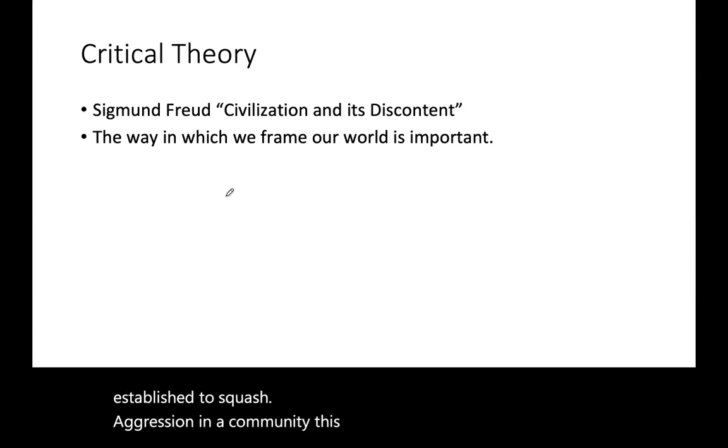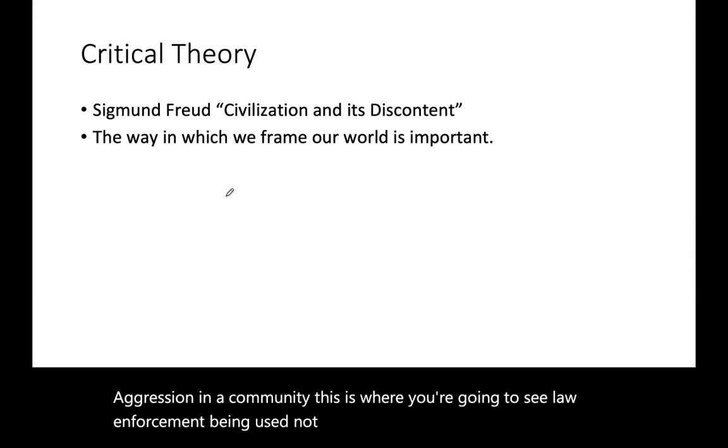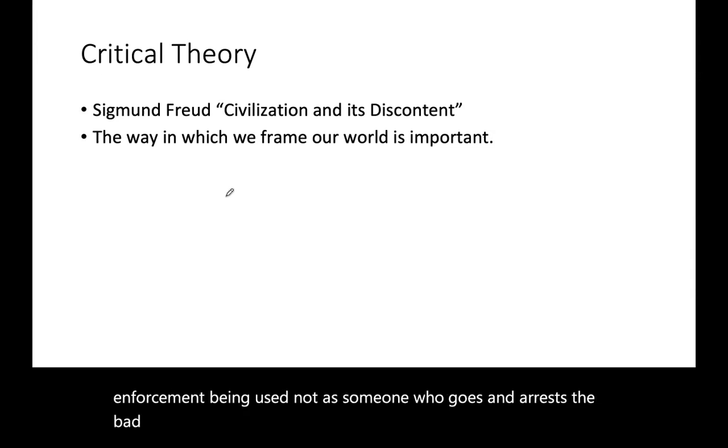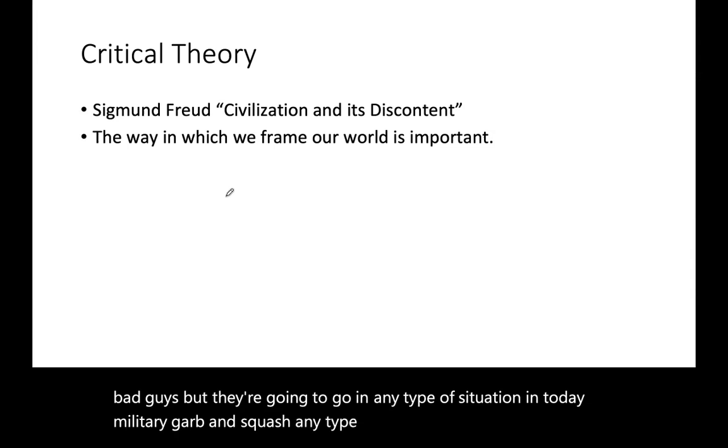This is where you're going to see law enforcement being used not as someone who goes and arrests the bad guys, but who goes into any type of situation, today in military garb, and squashes any type of what looks like a rebellion in that community.